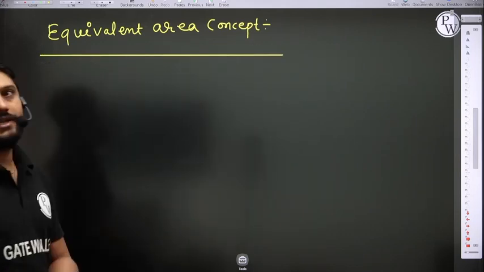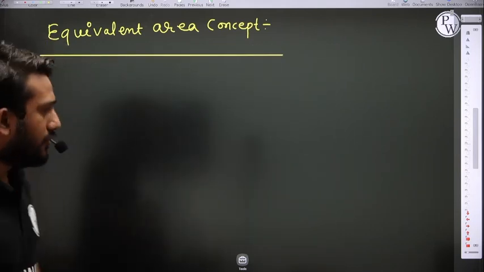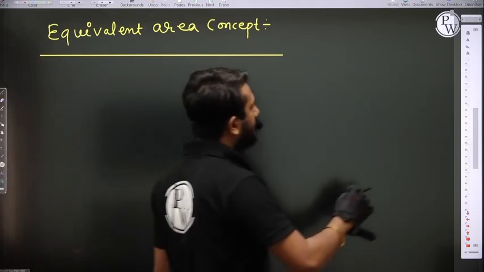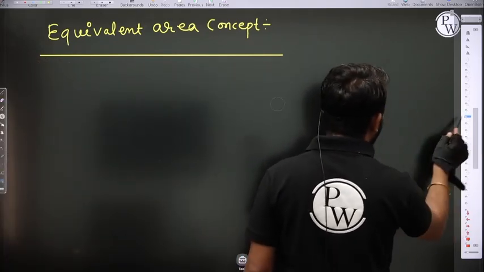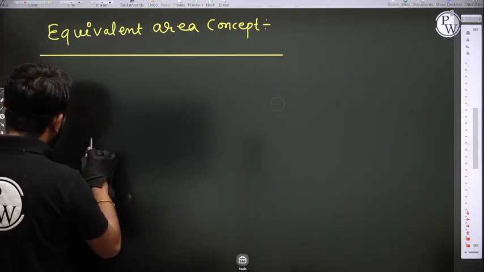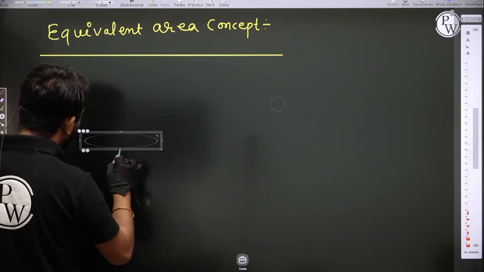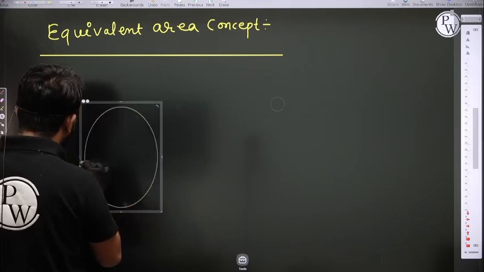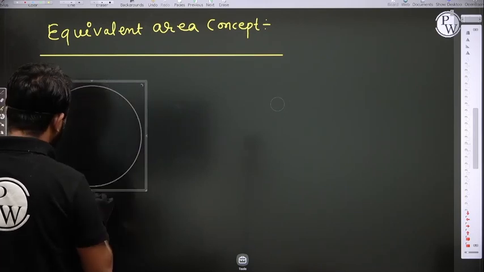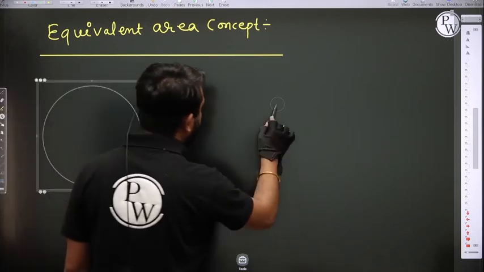So in case of the hollow cylinder, what is the equivalent area? First try to understand what the equivalent area is.